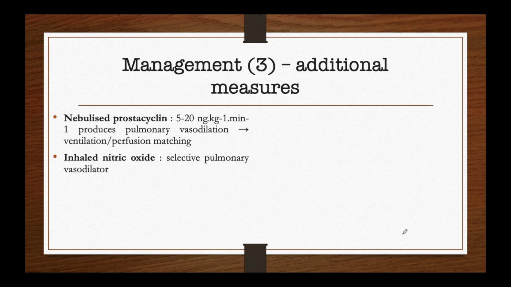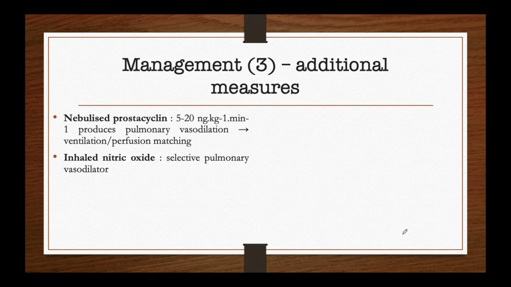As we know, prostacyclin is a prostaglandin which has a potent vasodilator effect. And so when we nebulize these patients with prostacyclin, it produces pulmonary vasodilation, thereby dilating those vessels in the well ventilated parts of the lung, and by so doing improving ventilation and perfusion matching in those areas.